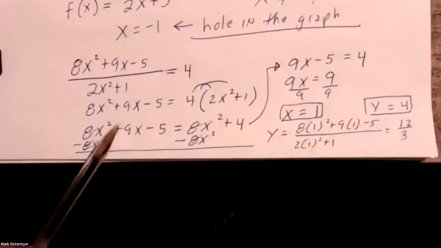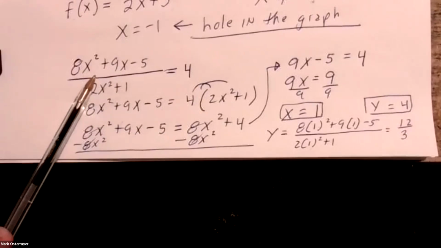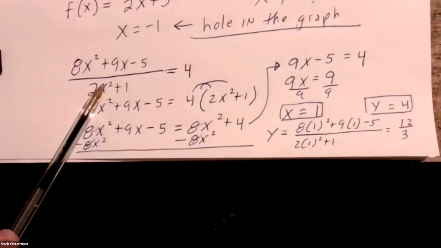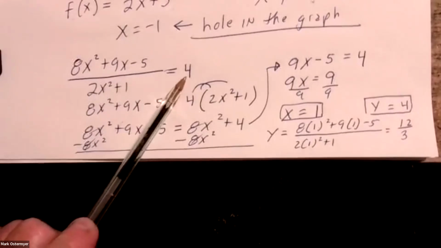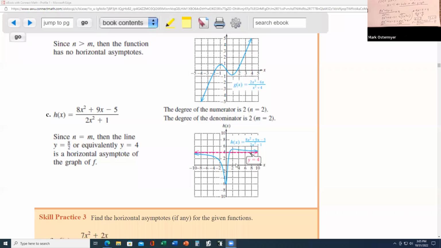So again, to find the point of intersection between the graph of a rational function and the horizontal asymptote, set the rational function equal to what the horizontal asymptote is, and then solve for x. So let's go back and convince ourselves that yes, it does appear that (1, 4) is exactly the point of intersection between the graph and the horizontal asymptote. Any questions how we found that point of intersection?